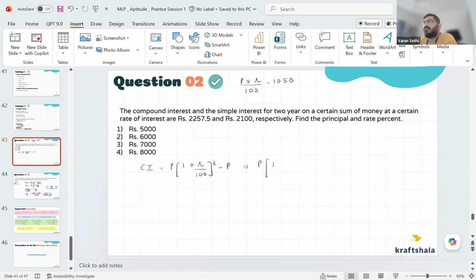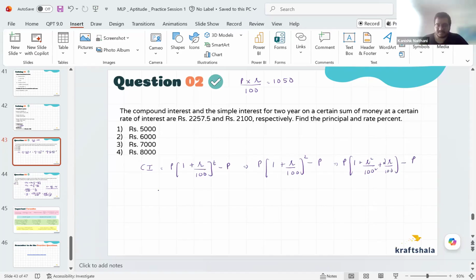So P(1 plus R upon 100) to the power of 2 minus P. I'm opening it up, a plus b whole square. So P(1 plus R square upon 100 square plus 2R upon 100) minus P. Correct? Yes. That implies P plus PR square upon 100 square plus 2PR upon 100 minus P.